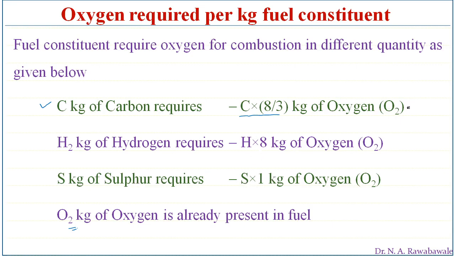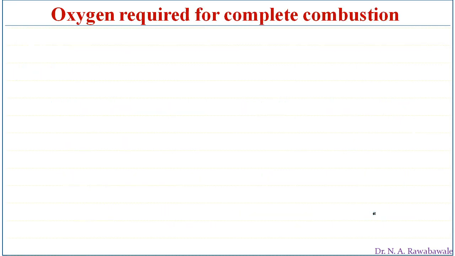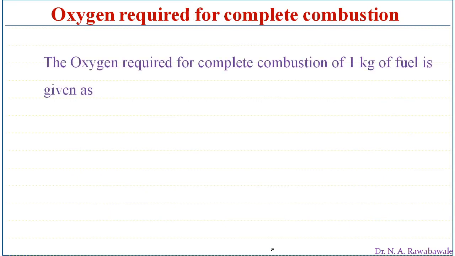So numbers 1, 2 and 3 are added together, whereas number 4, the percentage of oxygen present in the fuel, reduces the requirement, so number 4 is subtracted. Now we will see how the oxygen required for complete combustion of 1 kg of fuel is calculated. Here the mass of fuel is considered as 1 kg.